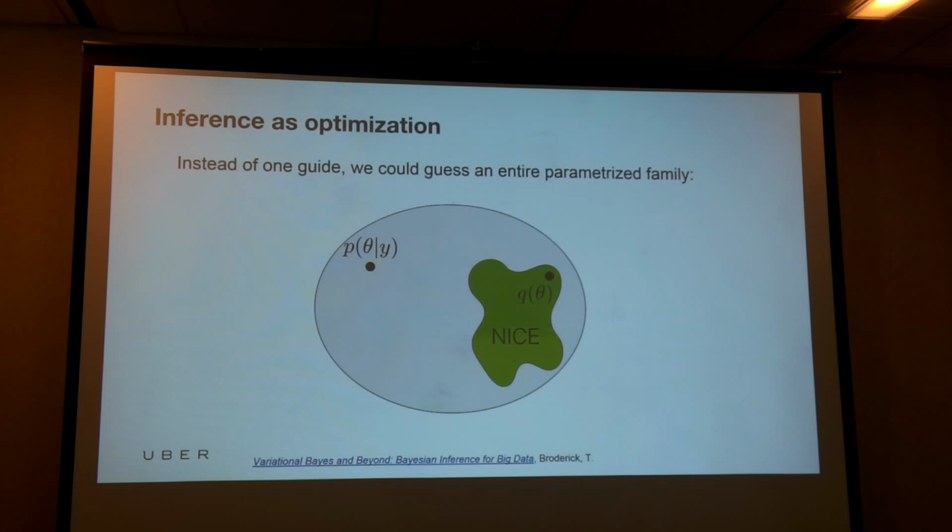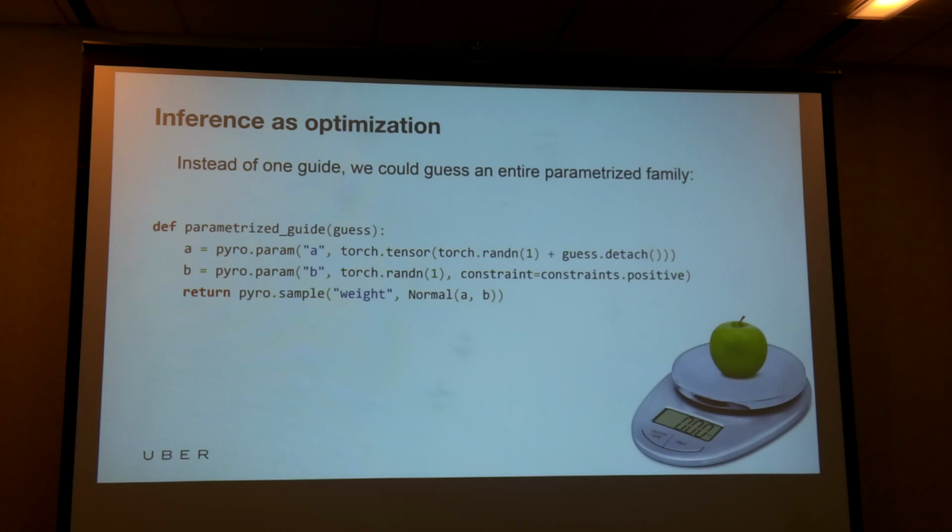And again, in keeping with our philosophy of doing inference by building models of the posterior distribution, in Pyro, rather than guessing a single guide, we could guess an entire parameterized family, and leave some of the values in the guide program free for an optimization algorithm to fill in.